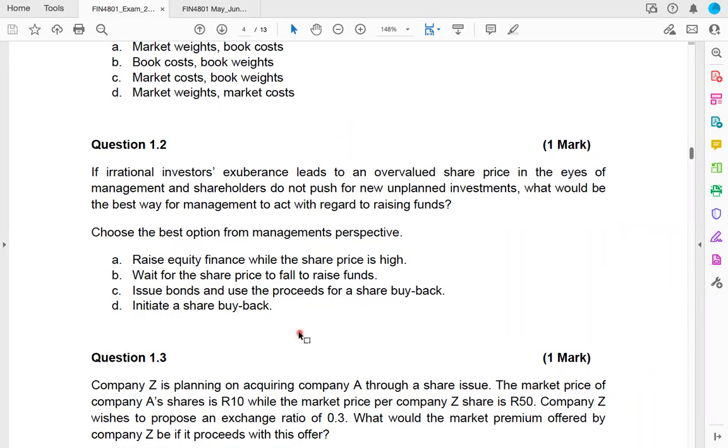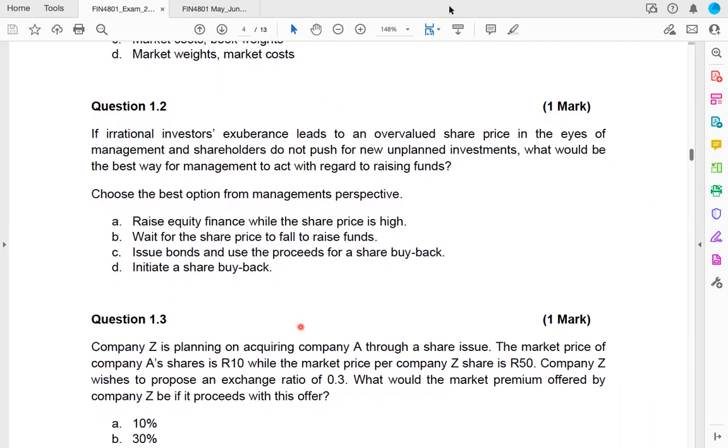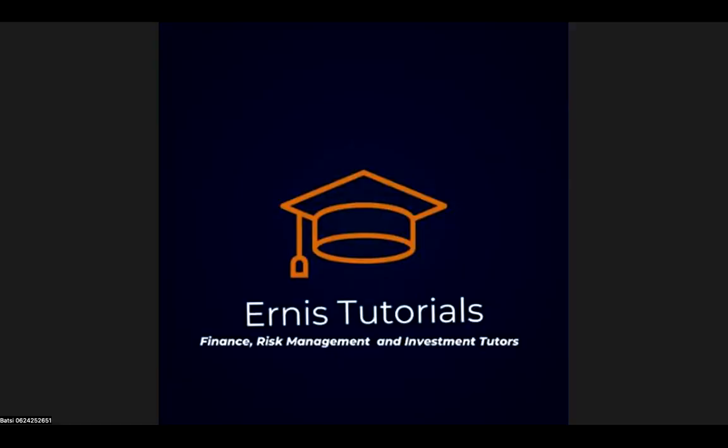This limits the number of shares that actually have to be issued, which limits the effects of dilution of the current shareholders' ownership of the company. Remember, issuing a lot of shares dilutes the current shareholders' ownership of the company. So that's important.